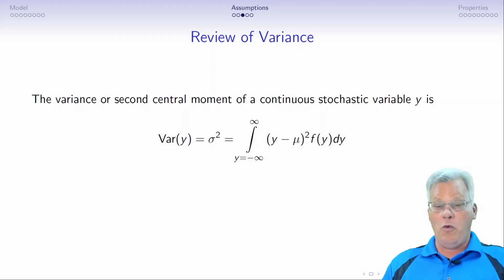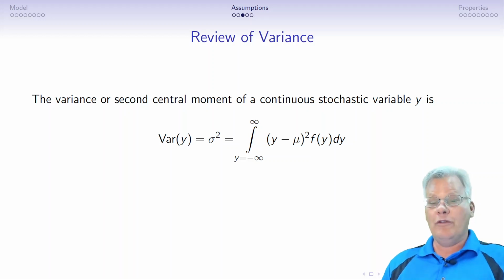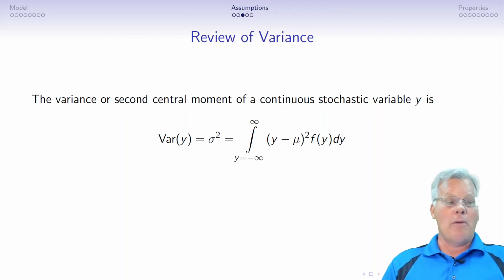So for the variance of y, we integrate over all possible values that y can take from negative infinity to infinity, and for each value we take y minus its mean, or central tendency, and square it and weight it by its probability of occurrence over the entire domain of y.